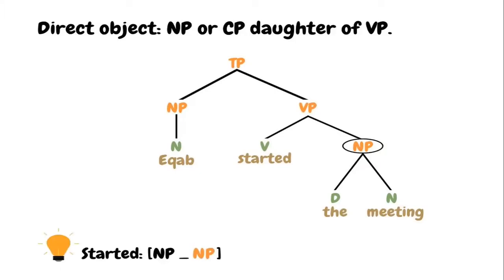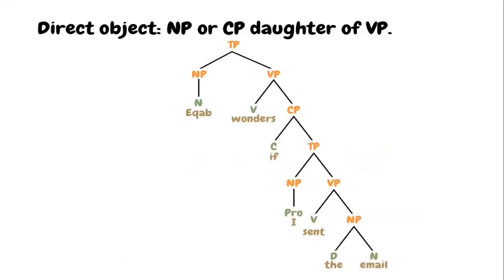As we have discussed, the direct object can be either NP or CP. Let's see how the direct object can be a CP. So in this tree diagram, we have Agab wonders if I send the email. In this tree, the constituent, if I send the email, is the CP that is daughter of VP headed by the transitive verb wonders, which has the feature NP underscore CP.